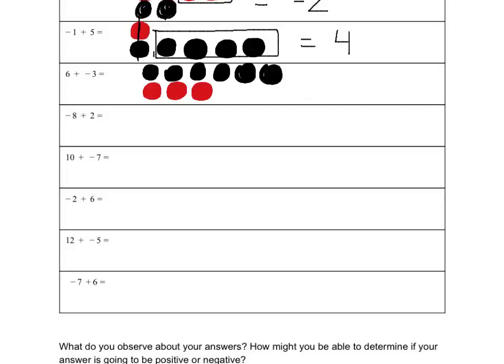Alright, so we have our 6 black for the positive and our 3 red for the negative. I can now see that I have 3 sets of opposites that cancel each other out, leaving me with 3 black that are left over, or 3 positive chips. So the sum of 6 plus negative 3 is a positive 3.